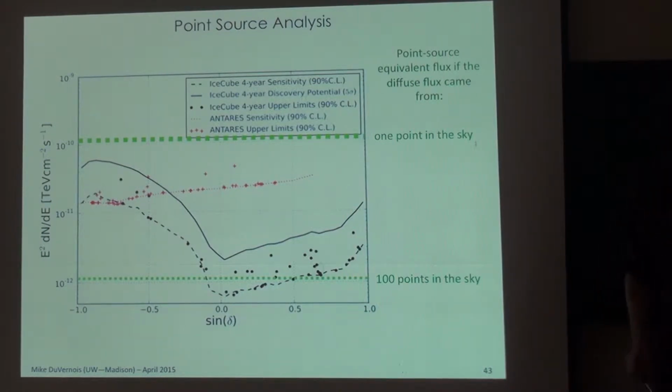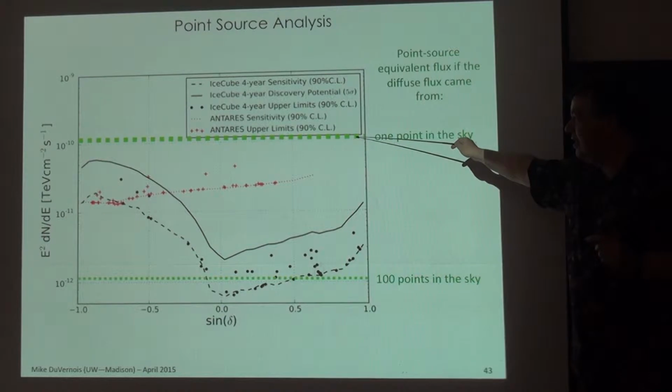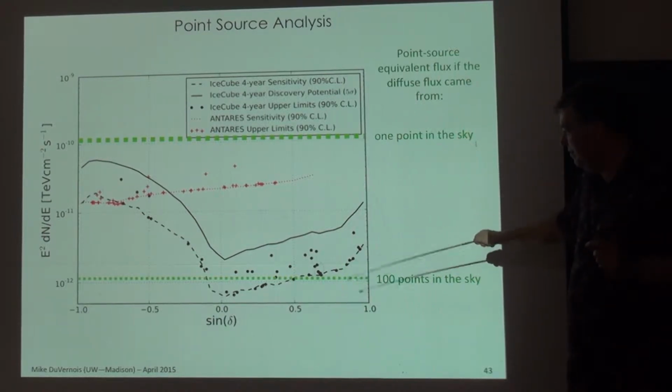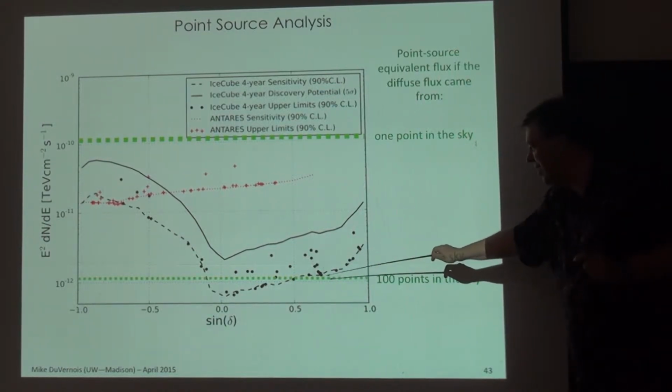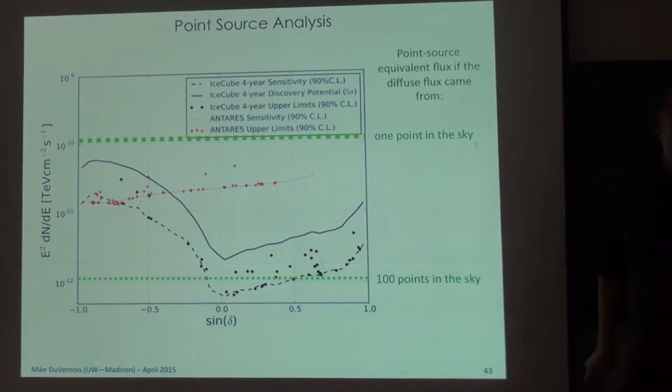If you had only one source in the sky, you would end up with a limit, a value around here. The IceCube data, at least for the upward going, is landing somewhere around 100 sources. So that's your total flux divided into 100 sources.